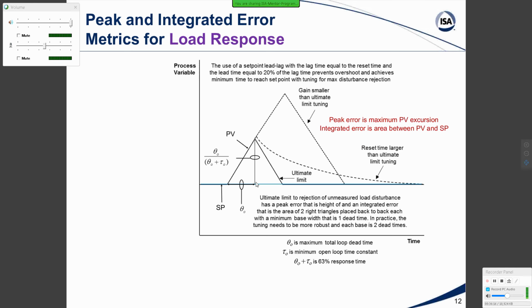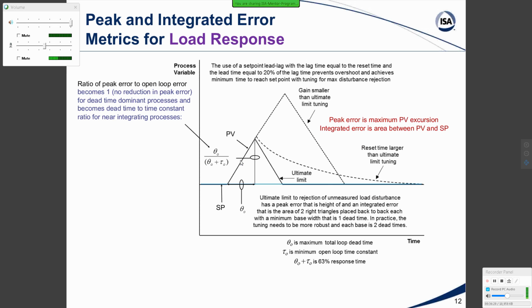It's actually two right triangles placed back to back, where the base of that triangle is the total dead time, and the height of that triangle is the ratio of the peak error to the open loop error. The open loop error is, if the controller was not in automatic, what would be the error you see? And so the idea of having it in automatic is you're reducing that peak error.